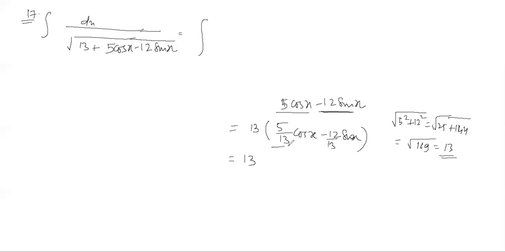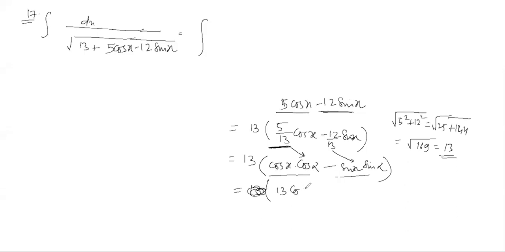I will take this value as cos alpha, then what would be cos x into cos alpha? If I take this value as cos alpha, this value automatically would be sin alpha. Any problem? Very good. This is the formula of cos of a plus b, so I will write 13 into cos of x plus alpha.